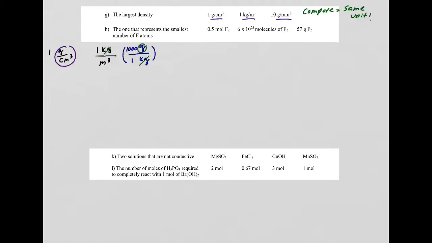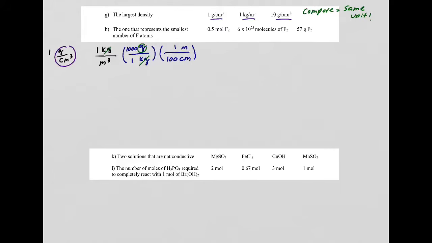That's what I want. And then I don't want meters cube. I want centimeters cube. I want to put meters over here and then centimeter over here. Now, what's the relationship between meters and centimeters? 1 meter is 100 centimeters, right? Now, here's the problem. I am not trying to cancel out meters.